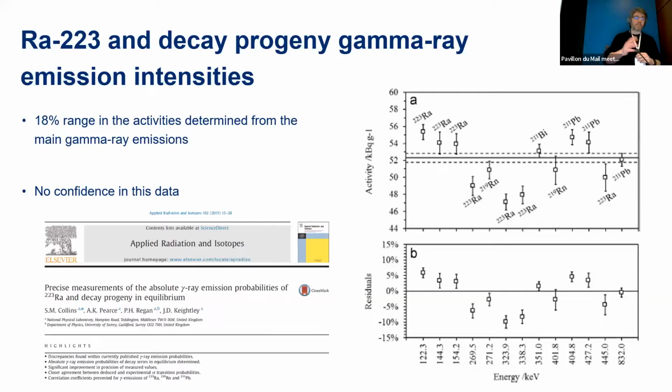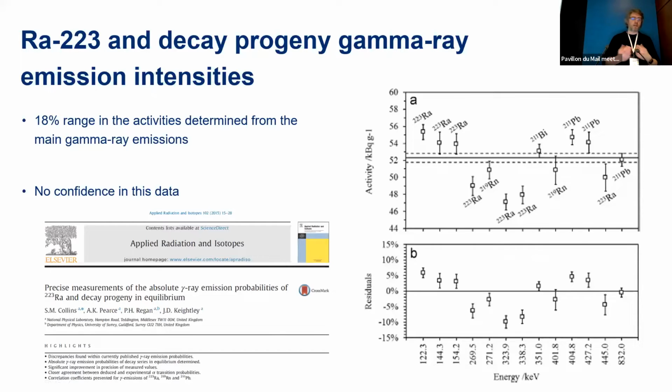But in reality, there's an 18% range in the activities just from these main gamma ray emissions, and you can see that's in the same radionuclide itself. Even the low energy ones for radium-223 are very high, and then we've got these low ones.